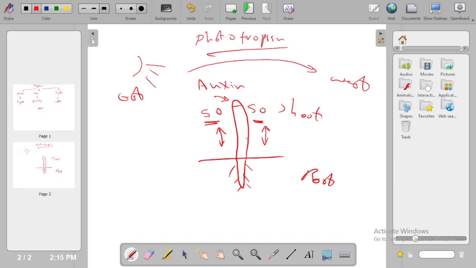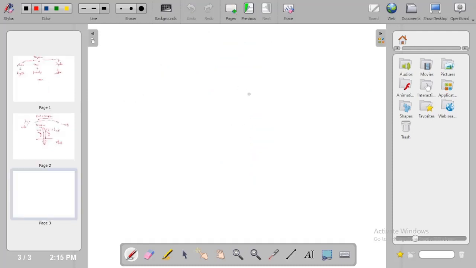But what we are about to talk about now is tropism. Tropism means bending, that the stem will not go vertically, no, it will bend. So if we bring a plant and expose the plant to light from one side, just one side, what will happen to the stem and root?